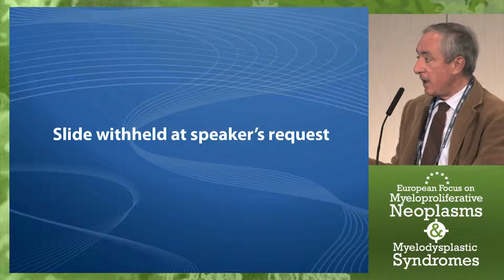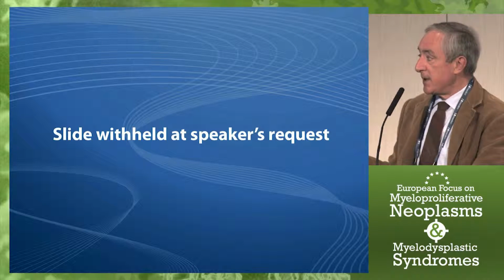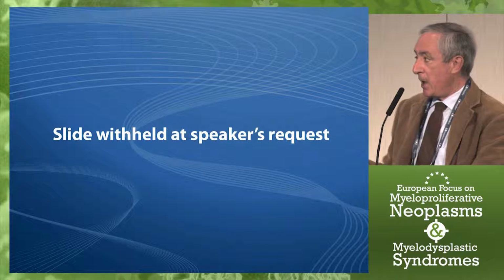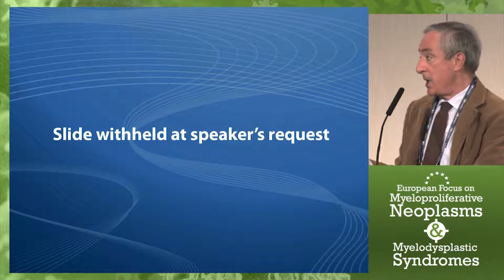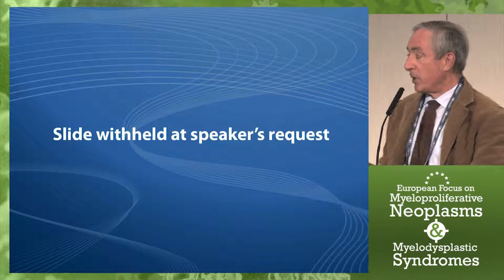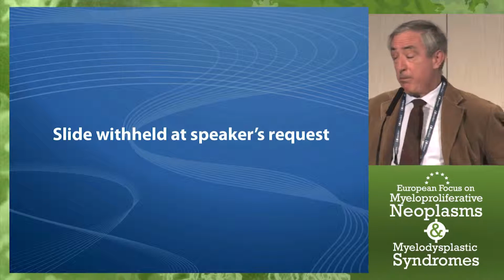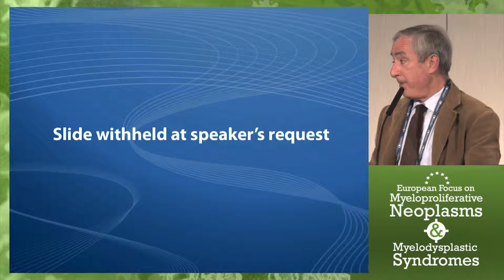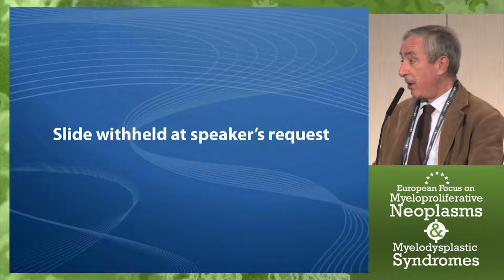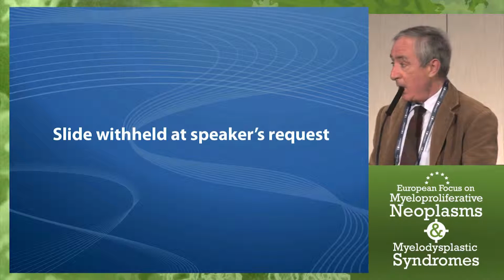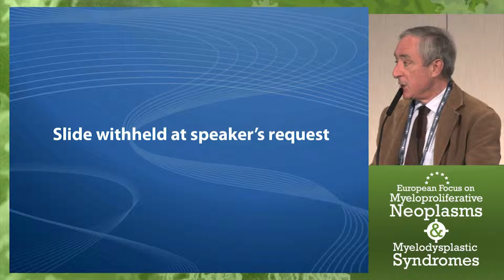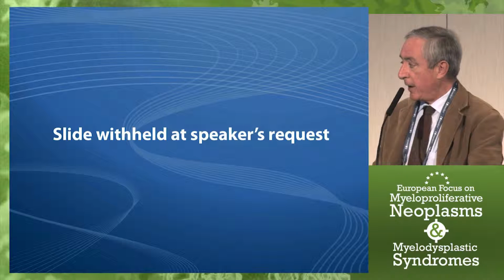So by using these inhibitors, it is possible to selectively kill the SF3B1 mutant cells. And a protocol for a clinical trial based on the use of a splicing factor inhibitor has already been submitted to the FDA for a clinical trial.